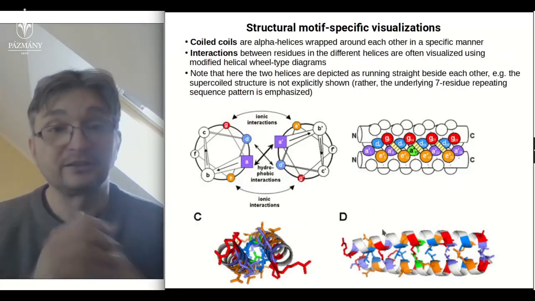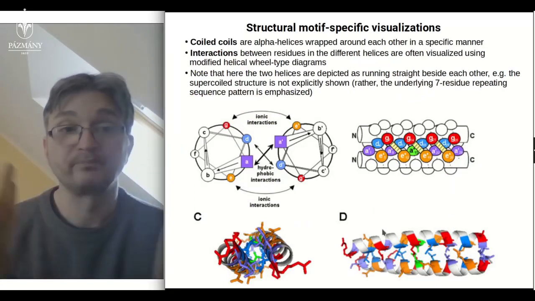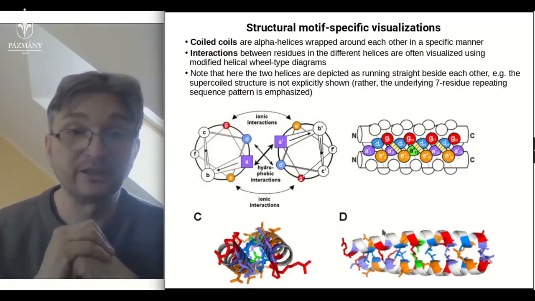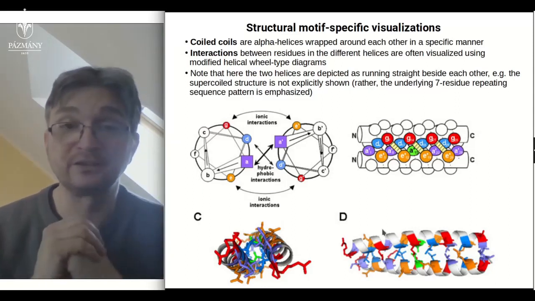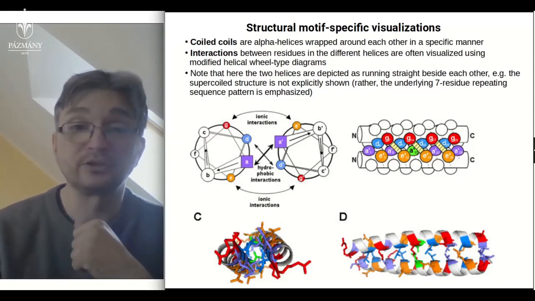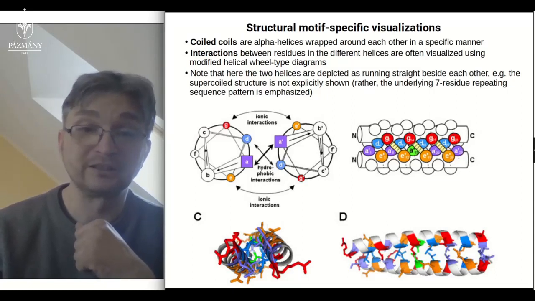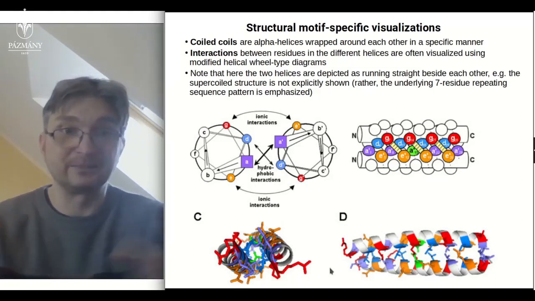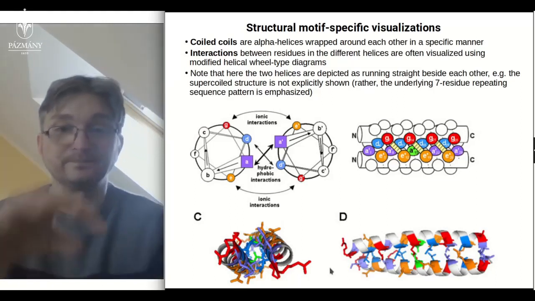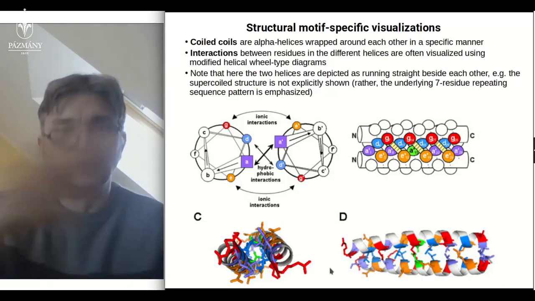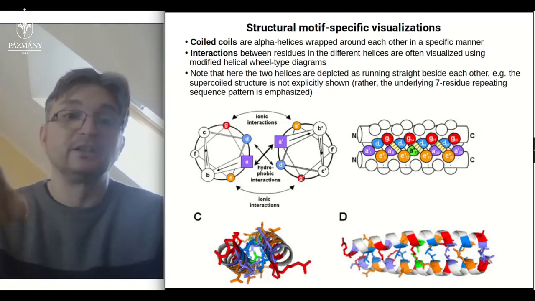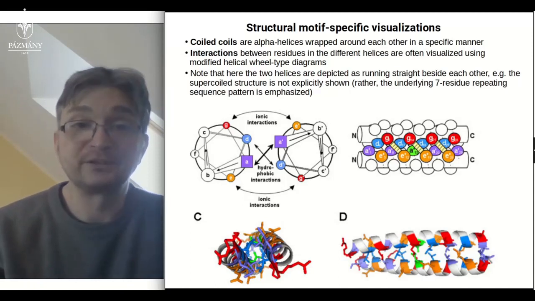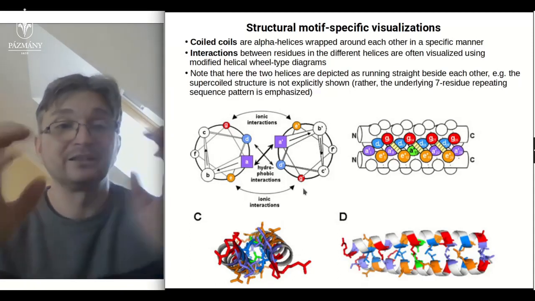Coiled coils are structures that are formed by two or more alpha helices wrapped around each other in a specific manner, and a coiled coil is also often depicted with a modified version of the helical wheel diagrams. Here you can see that the actual coil does not have a really straight axis, or it has a straight axis, but around this axis the helices are rotating. But in these representations you straighten these axes up.